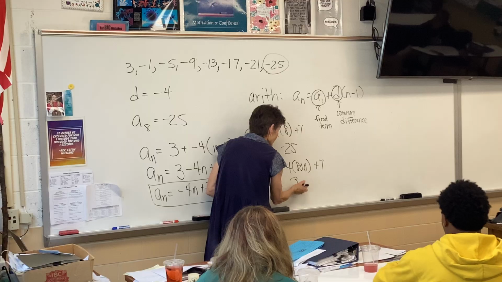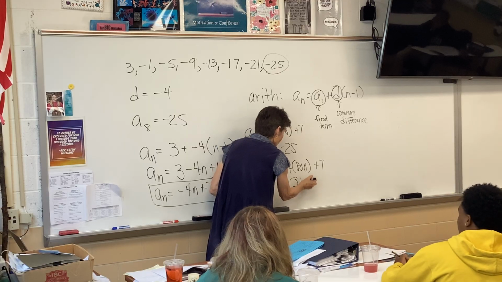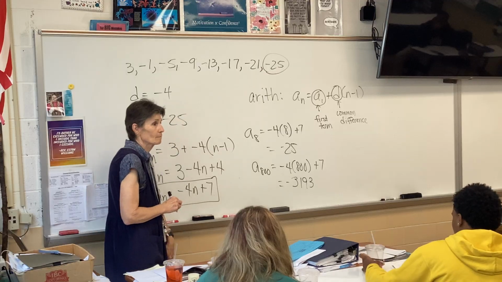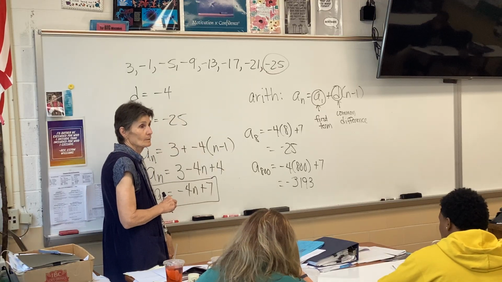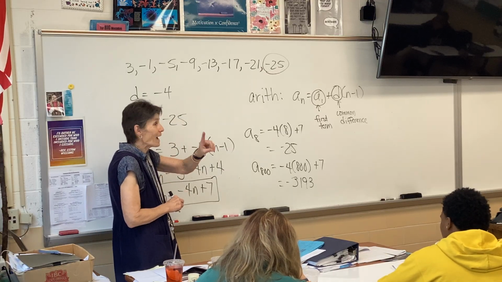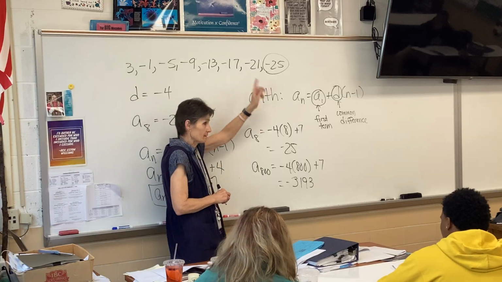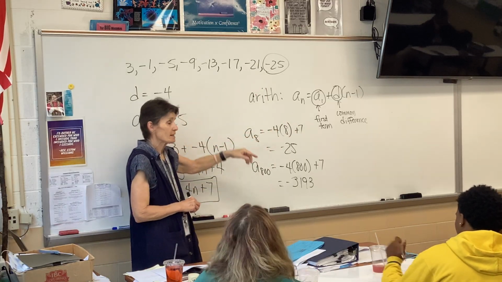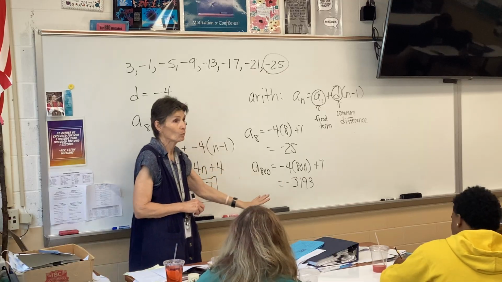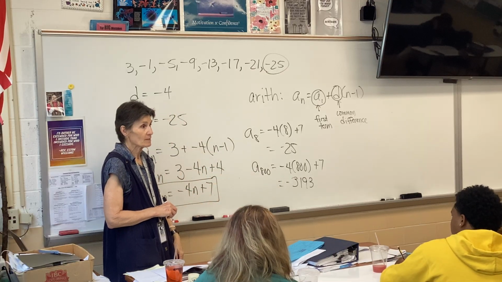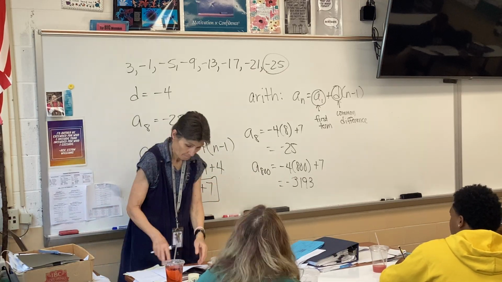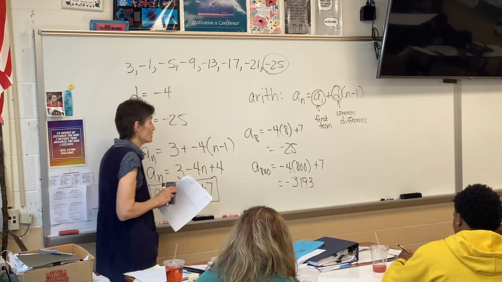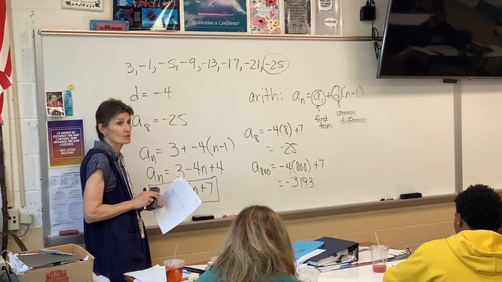Negative 3,193. So, while you can always count in your sequence, having a formula makes it a lot quicker, especially if it's a big number. All right, I'm gonna erase this. Anybody have a question about it? I'm gonna start the next one.